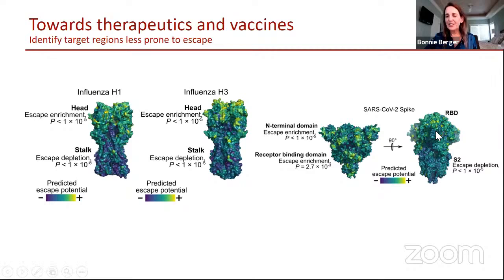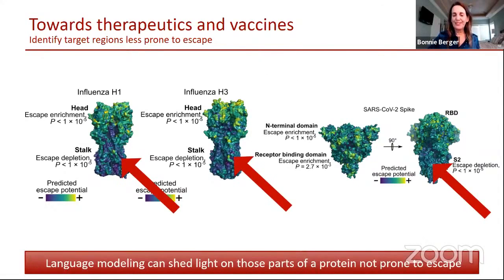The receptor binding domain has high escape enrichment. And curiously, the S2 domain, which is a protein on the surface, is high in escape depletion. So we would suggest that that is the area to target. And the red arrows show where we'd like to target.